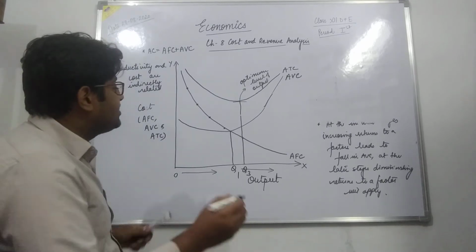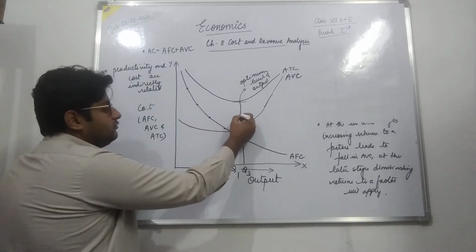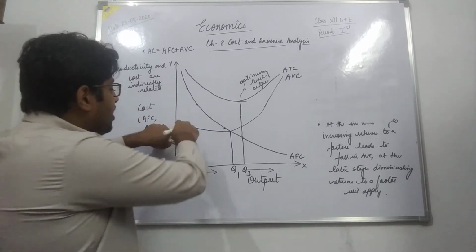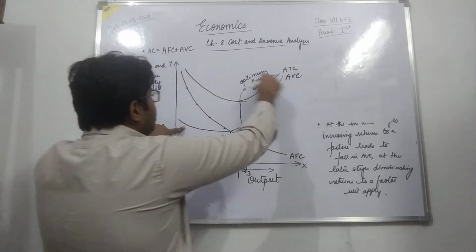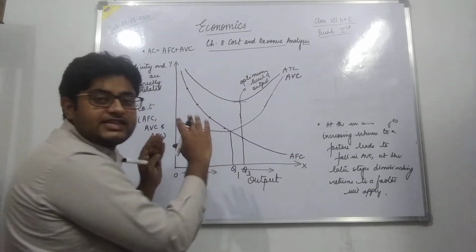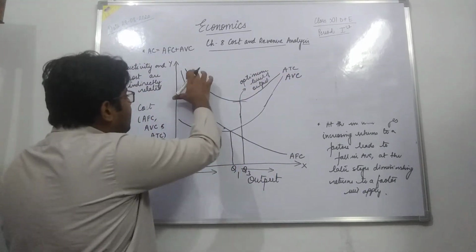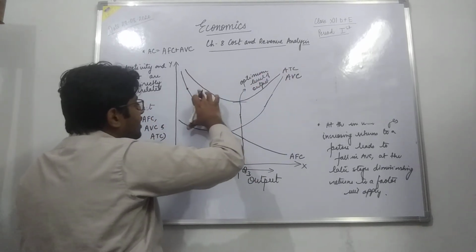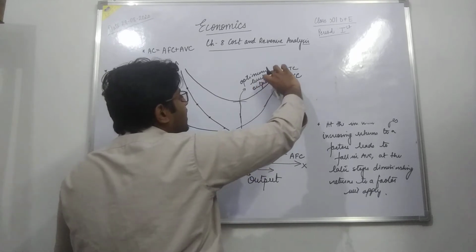The other question is that you can see very keenly. This is my AVC curve, and this is my average total cost curve. Okay, you can see from the diagram that they are coming closer to each other. That means the difference between them is narrowing down.